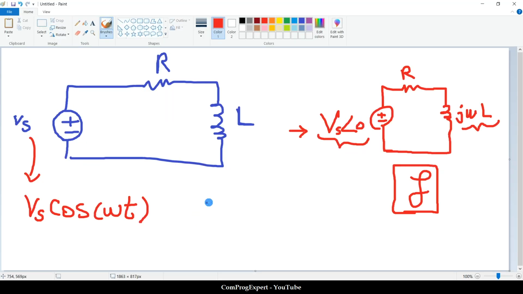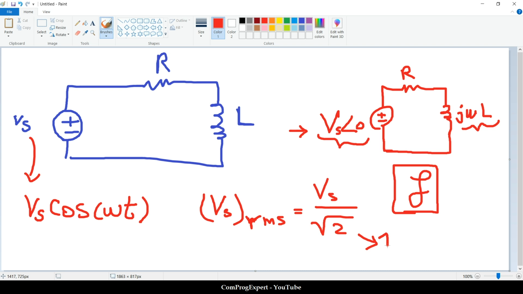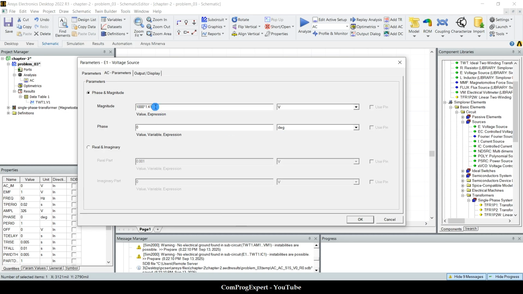And you know that the RMS value, Vs RMS, is equal to V peak divided by square root of 2, that is equal to 1.41. So I considered this multiplication here.